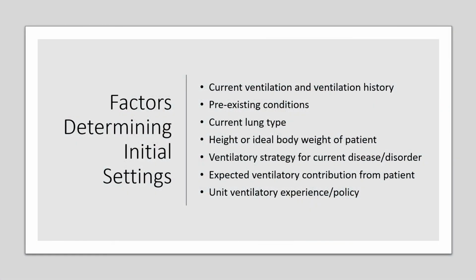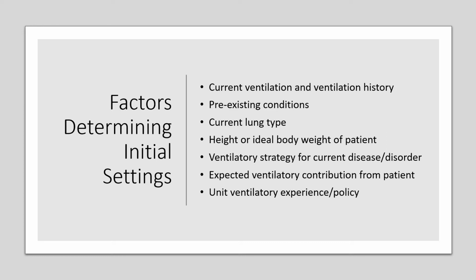There are many other factors, obviously, that determine the initial settings or what you would start at. They would include all of the following, but this list is not exhaustive. One of the most important things is how they are currently being ventilated. Patients don't just magically appear on the intensive care unit.